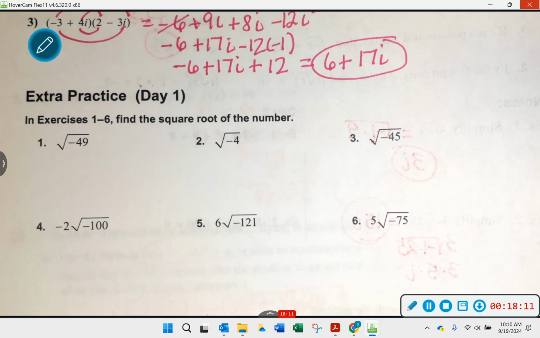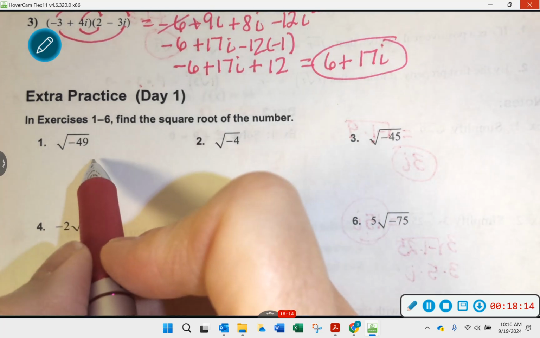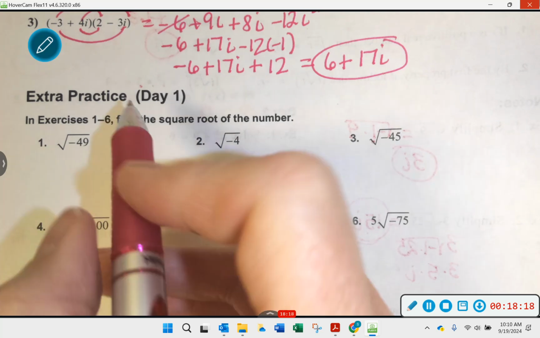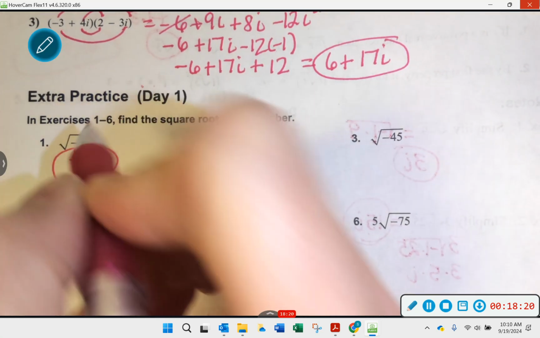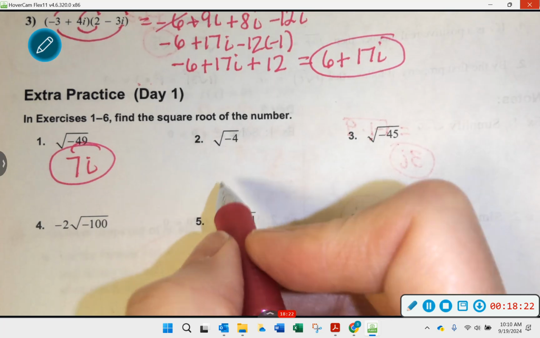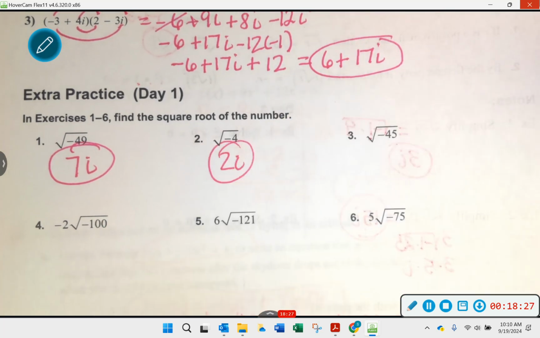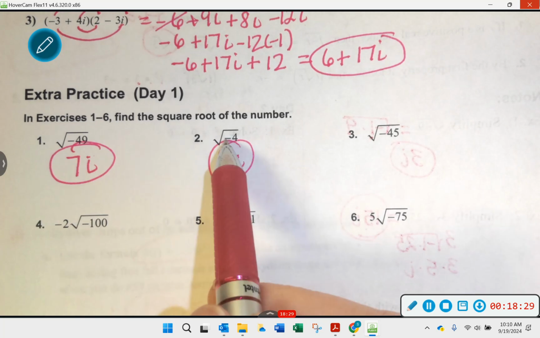All right, time's up. Ramney, can you tell me number 1? 7i, good job. And number 2, Ruthvik, can you tell me? You got it. Easy as can be on those because these are perfect square roots.